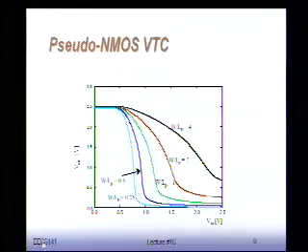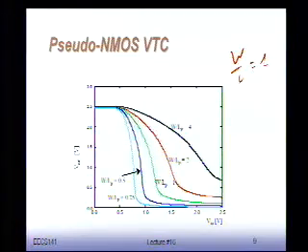So here's some simulation. These are voltage transfer characteristics of some of the pseudo NMOS 2.5 volt logic. And you can see that depending upon the W, suppose I take a W over L of N equal to 1, that's my minimum size device. And I make my PMOS quite strong.